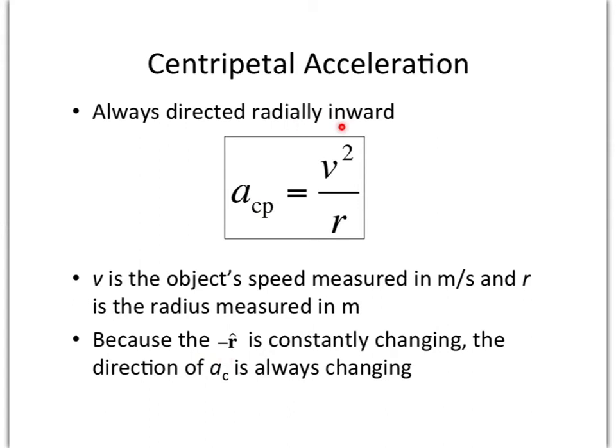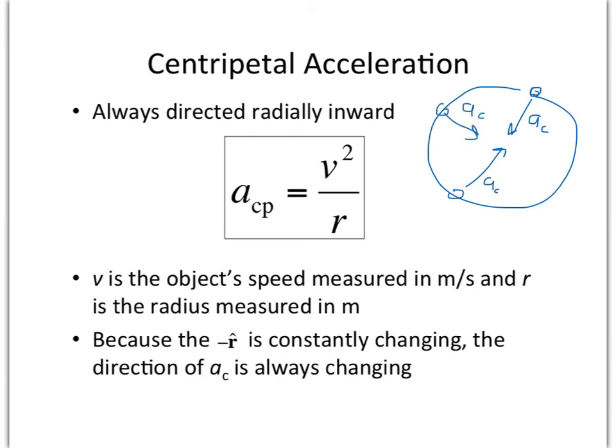It's directed towards the center of a circle. So there's our object moving in a circular pattern. And so our equation for this is going to be v squared over r. And r is the radius of the circle. That's really going to be important.